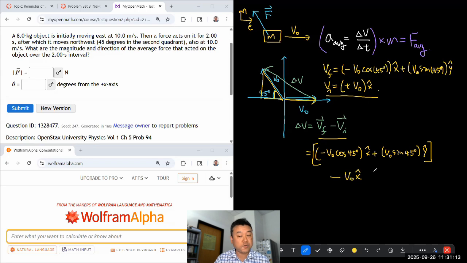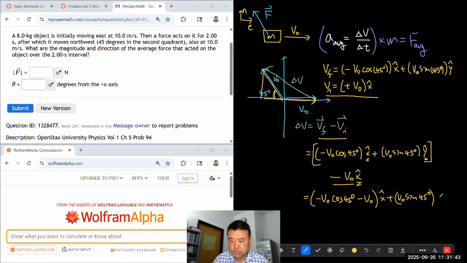You collect like terms in terms of the unit vectors. The y hat is already the whole thing. For x hat, I combine these, so you get minus v naught times x hat times cosine 45 degrees plus 1, plus the y component v naught sine 45 degrees y hat.